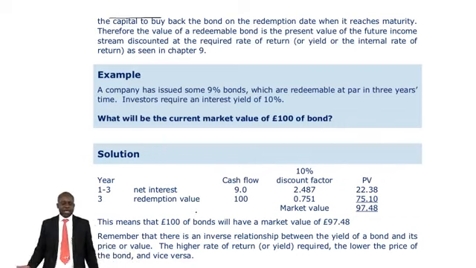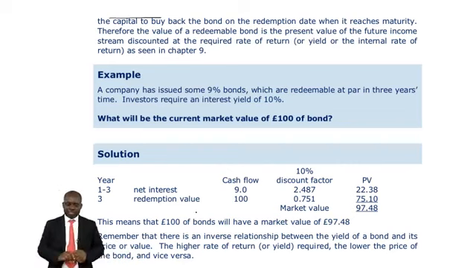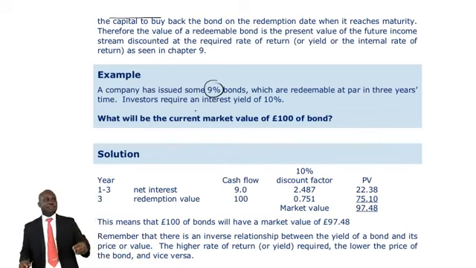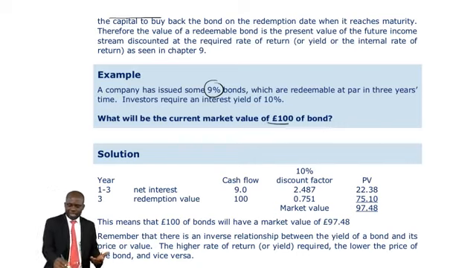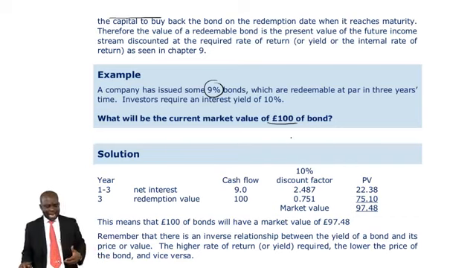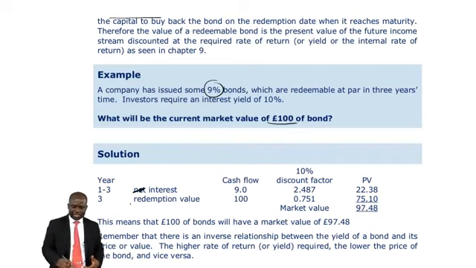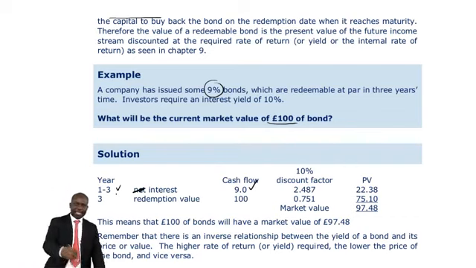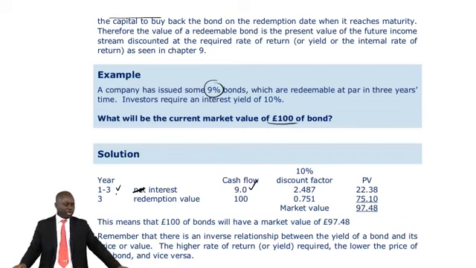This is a normal bond. I will be receiving interest of what? 9%. Interest is a percentage based on the nominal value. If nominal value is given to me as 100, 9% of 100, forget about tax, will give me 9. Every year for the next 3 years, I'm getting interest of 9.